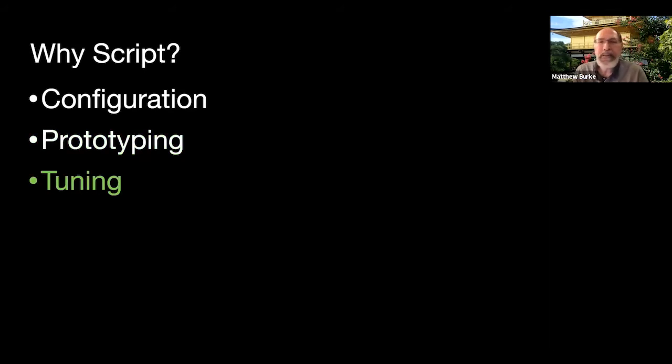A third scenario in which scripting is useful is tuning. The idea of tuning is used quite extensively in developing games, but it's also used in all sorts of programming and is very similar to prototyping. But the essence is that as you're developing a program, there are a lot of parameters for which it's not really clear in advance what the value of the parameter should be.